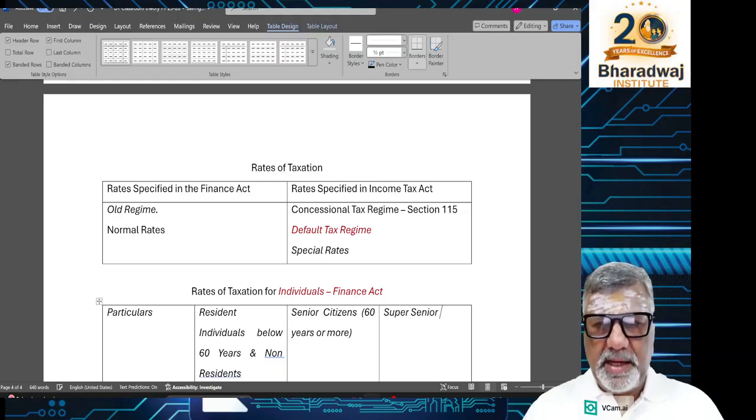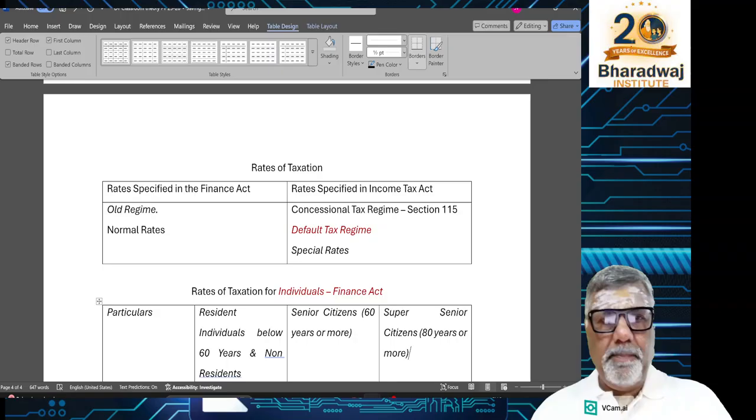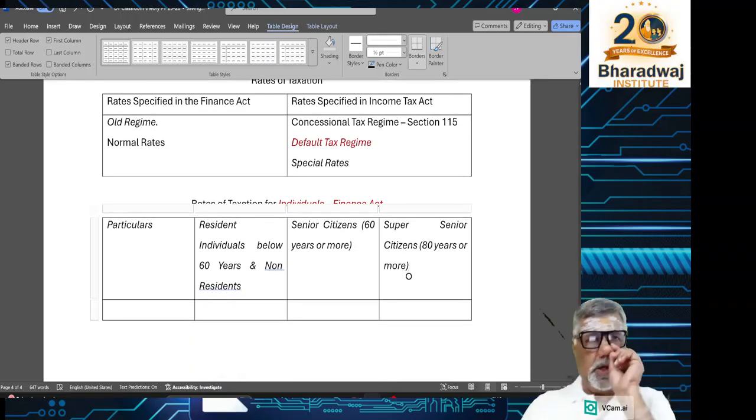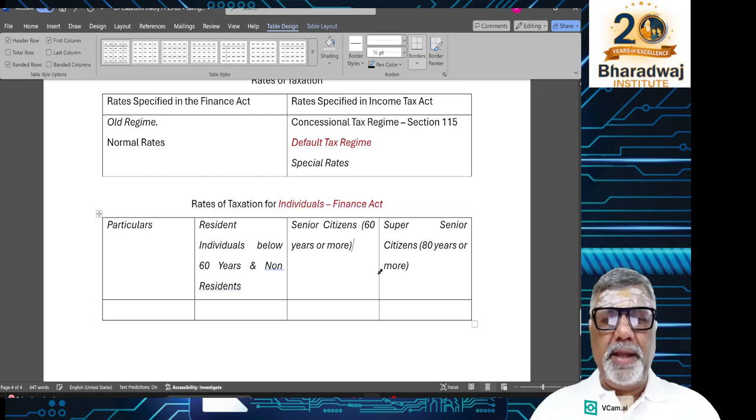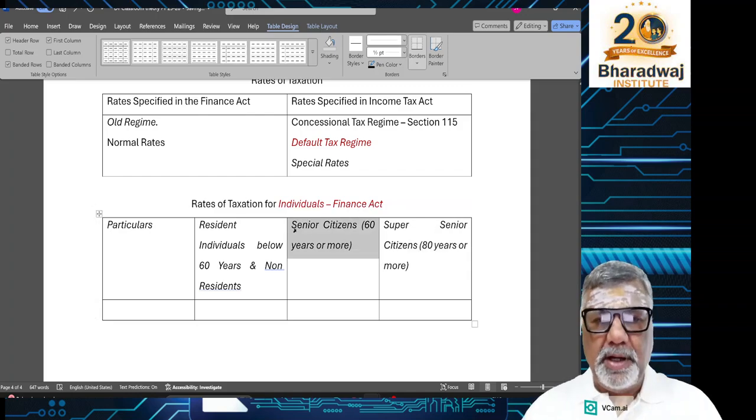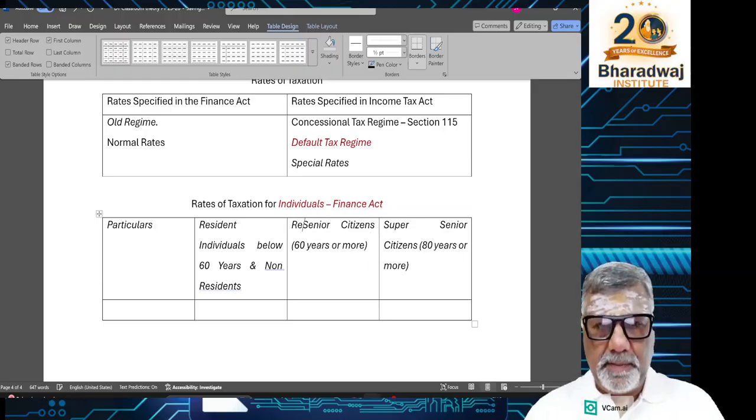Super senior citizens: 80 years or more. So this is how the categorization is going to be. Here I should use the words resident senior citizen and resident super senior citizen.